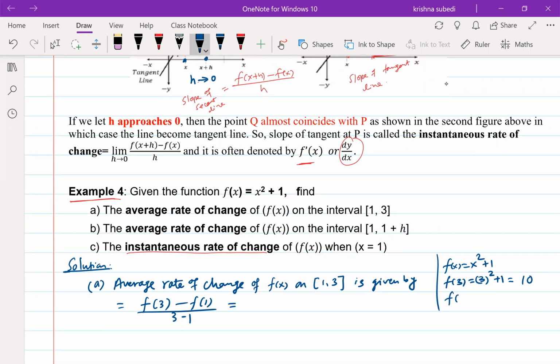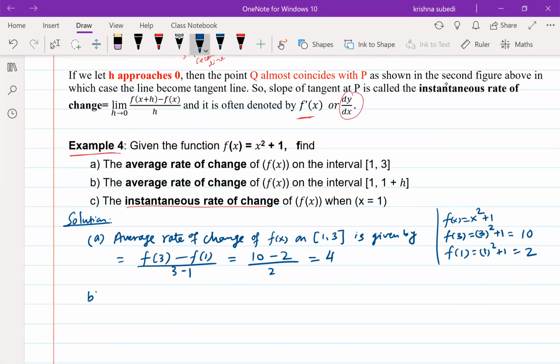And f of 1 is 1 squared plus 1, which gives me 2. So this will be 10 minus 2 over 2, which is 4. Let's try part B.